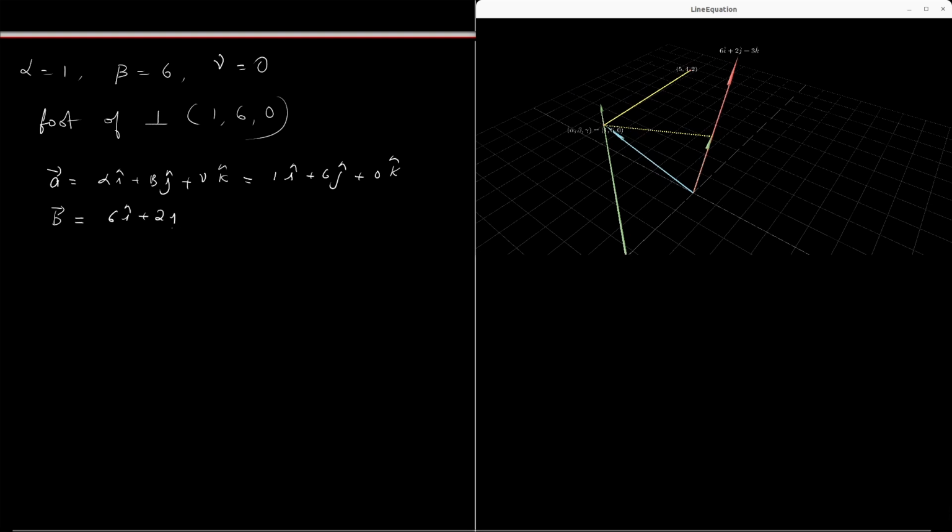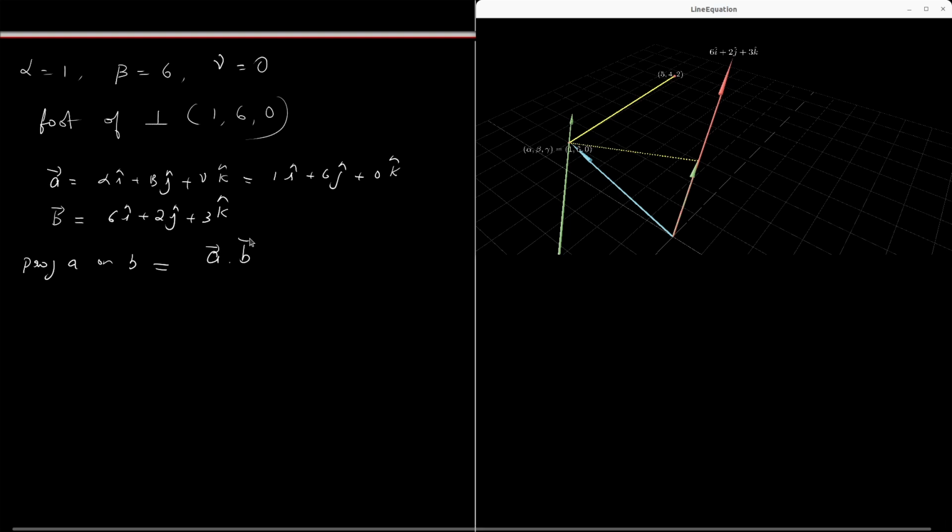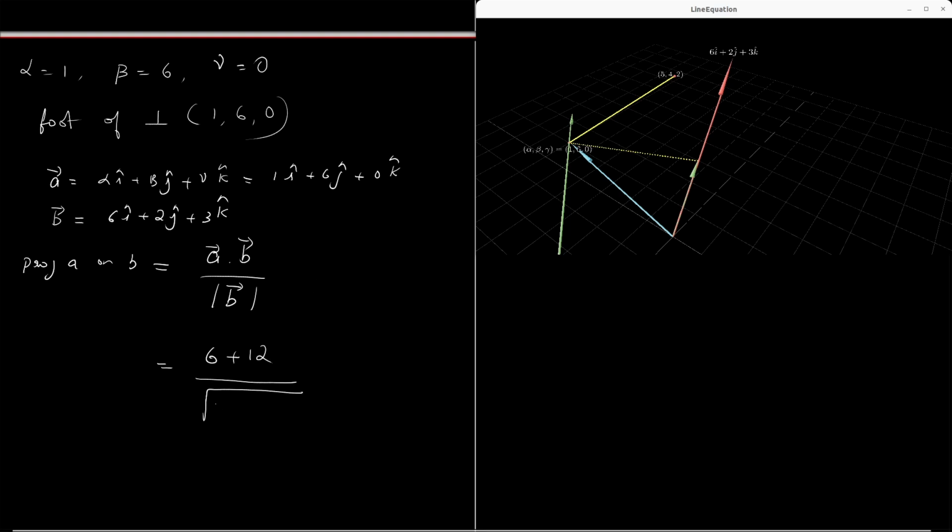Then the projection of A on B is A dot B divided by the magnitude of B. Doing the dot product, it will be 6 plus 6 into 2, which is 12, so 18, divided by the magnitude of B, which is the square root of 36 plus 4 plus 9.